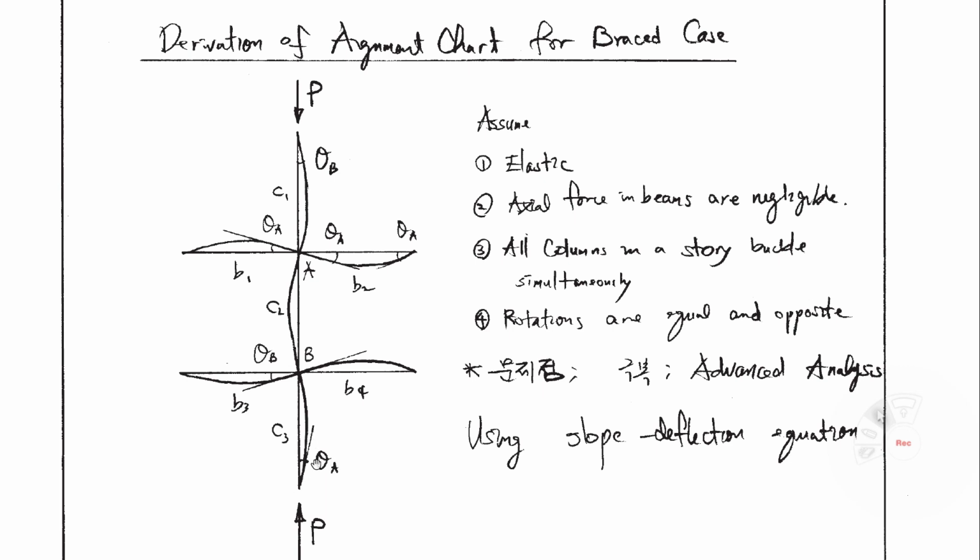Otherwise, if this is not theta A, let's say theta C, this is theta D, then it is very difficult to derive the alignment chart. We have to make an alignment chart that can be easily used by designers. This is the assumption: theta A, theta B.